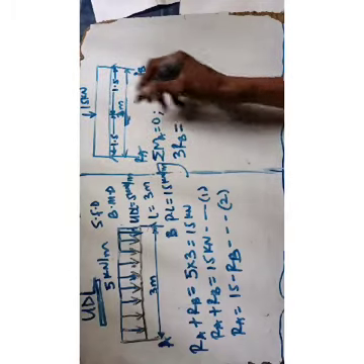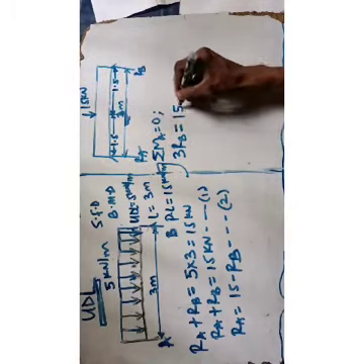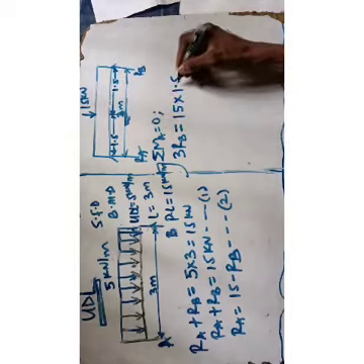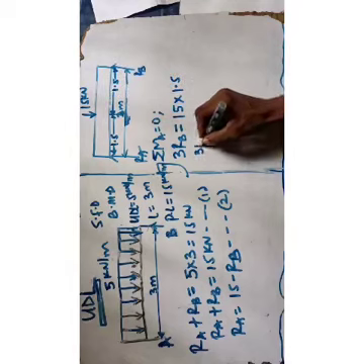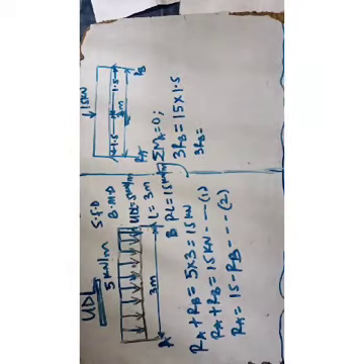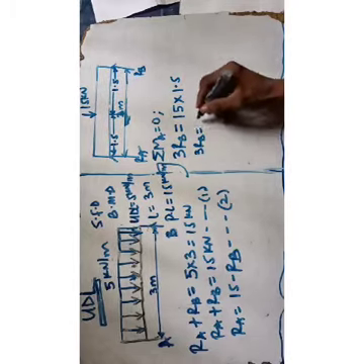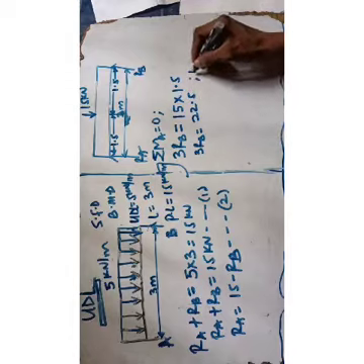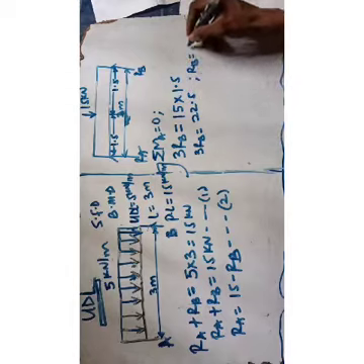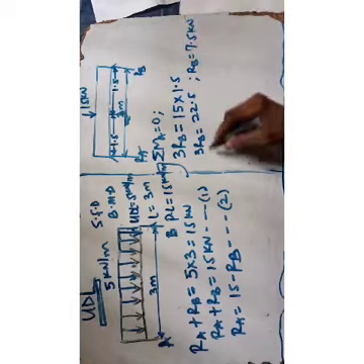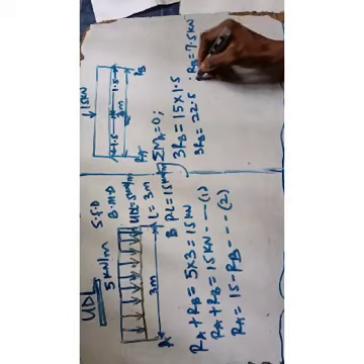That will be 3 Rb equals 15 times 1.5, and that will give you 22.5. And you can have your Rb now, because dividing by 3, it's 7.5 kilonewton.